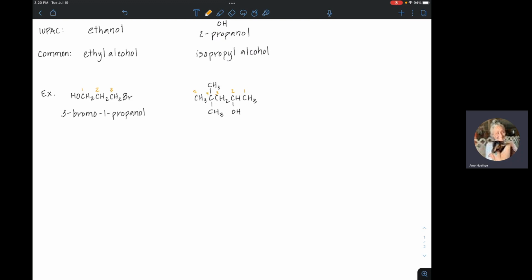We notice that on carbon 4, we have 2 methyl groups, right? So we have 2 substituents hanging out on the 4th carbon. We also have to concern ourselves with the hydroxyl group.